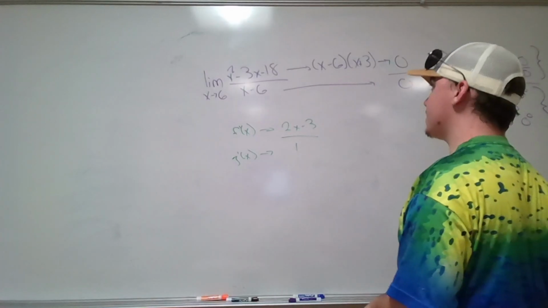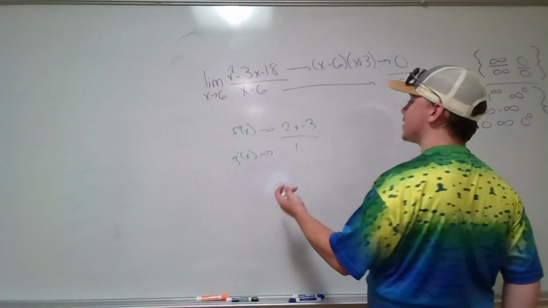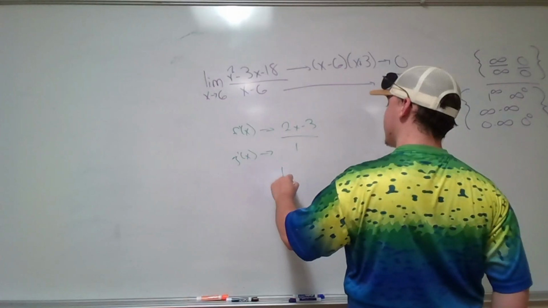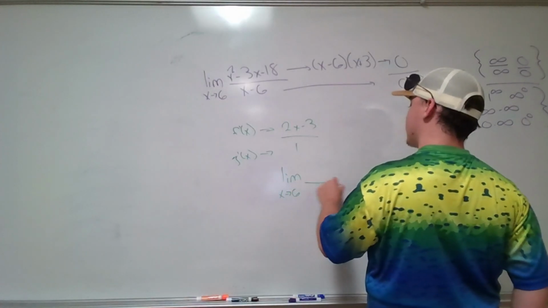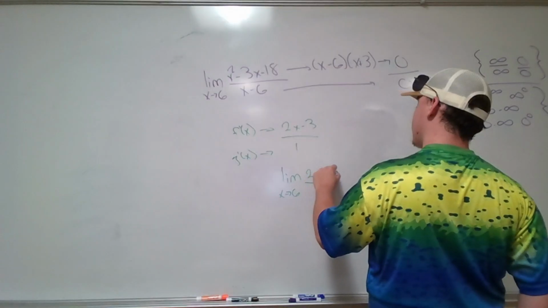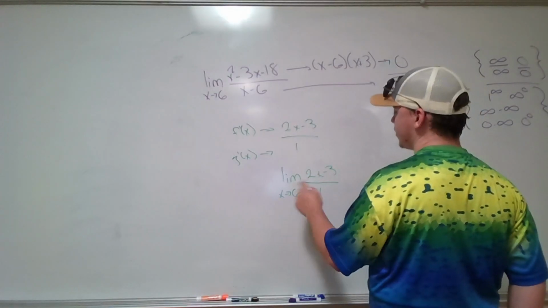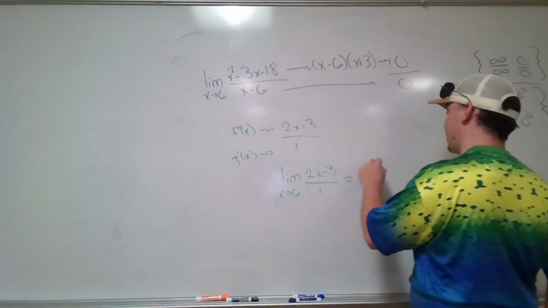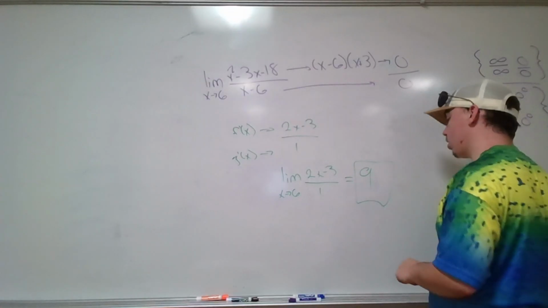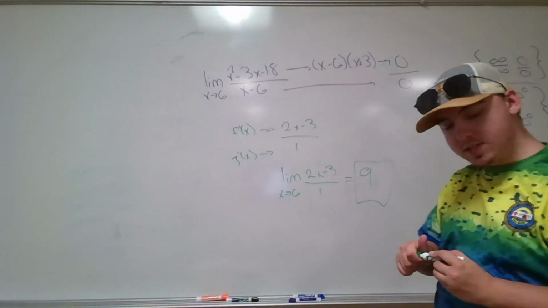Now we can plug in 6 for x: 2 times 6 is 12, minus 3 equals 9, and that is the limit. Simple as that.